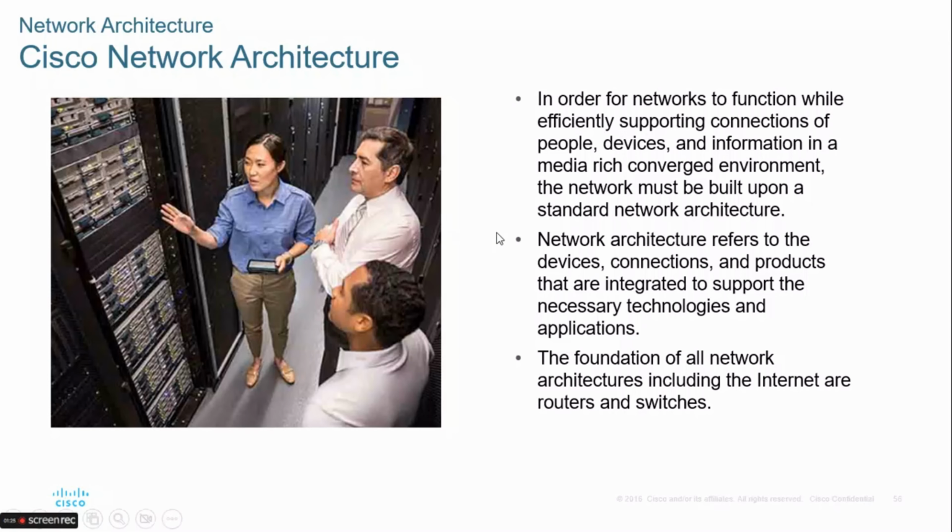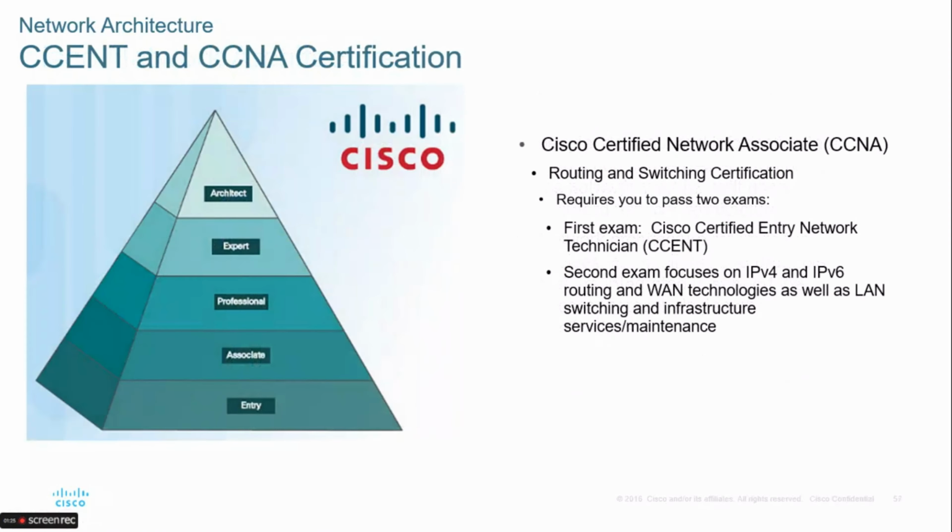As you can see, this is a data center. It's made of many racks, and these racks have multiple devices, switches, firewalls, routers that are anchored to achieve one common objective: provide connections to the people.